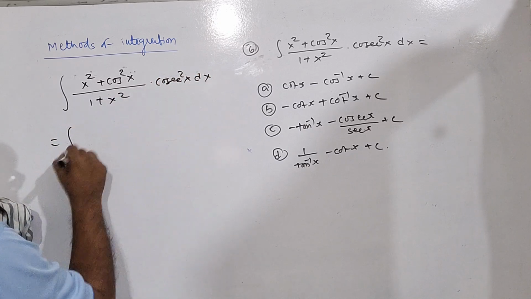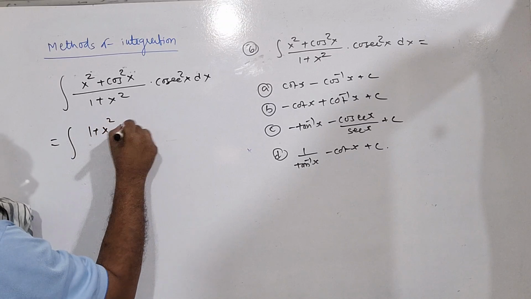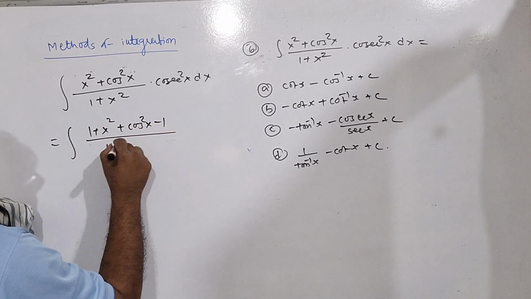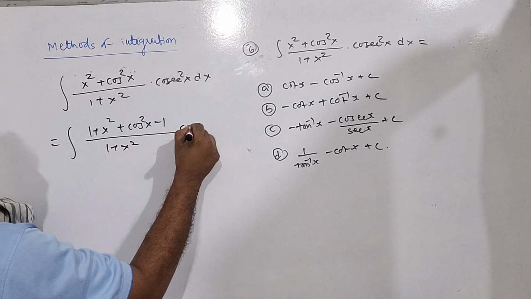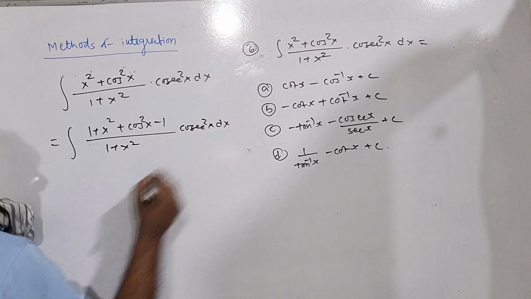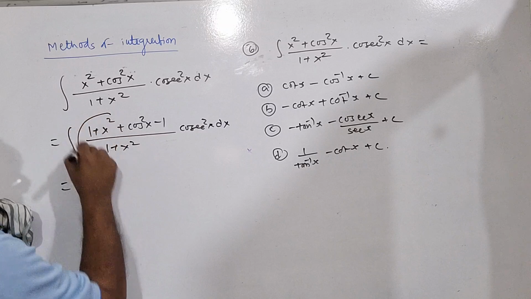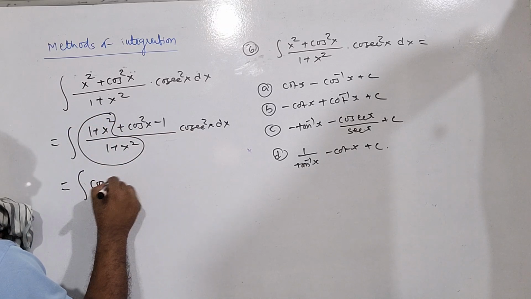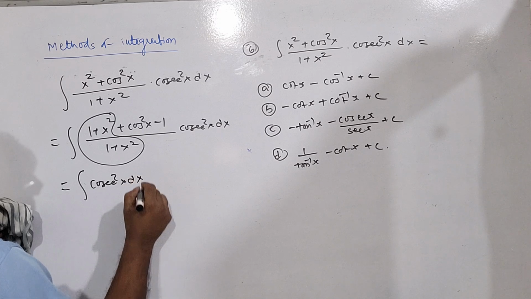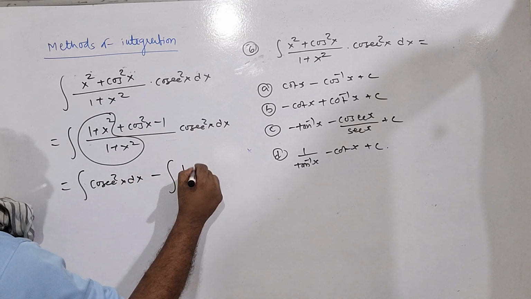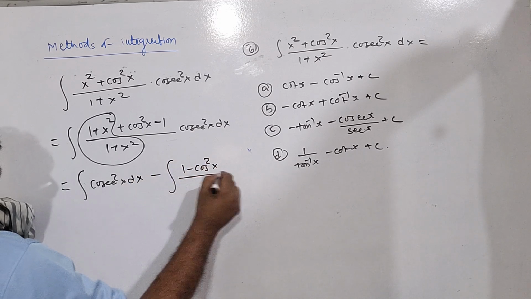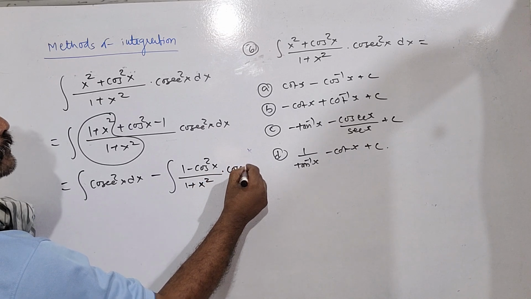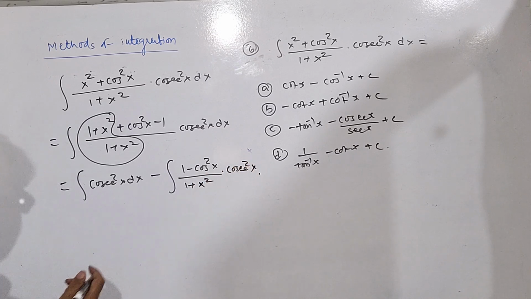Correct. Again the same process: 1 plus x squared plus cos squared x minus 1, this is 1 plus x squared into cosec squared x dx. Correct. So this is one factor multiplied by cosec squared x dx, standard integration, minus we take 1 minus cos squared x upon 1 plus x squared into cosec squared x.